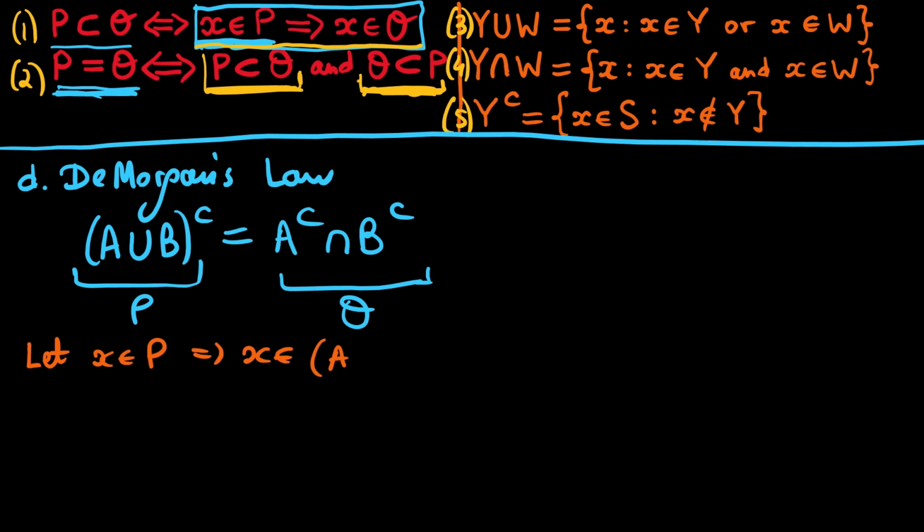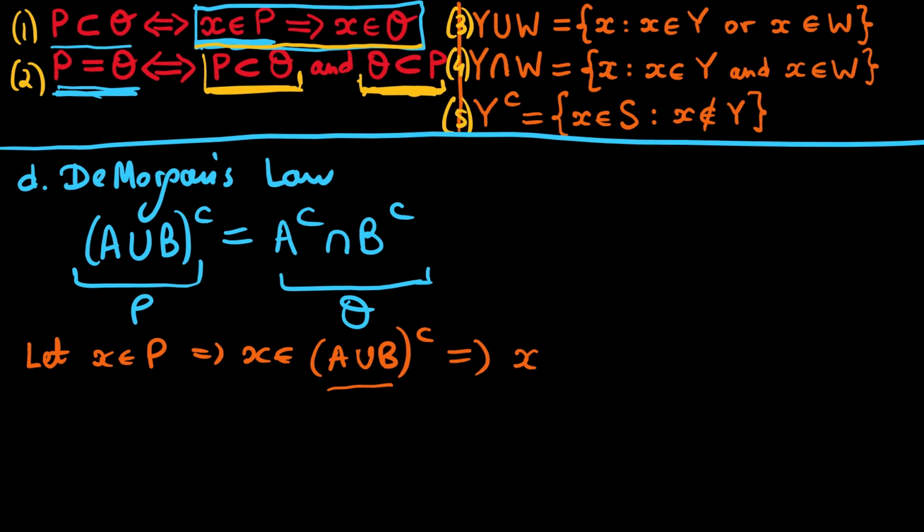X must be an element of the complement of A union B, so I just wrote what P is. Okay, so now by definition 5, what does it mean that X is an element of the complement of a set? It means that X must be an element of the sample space.